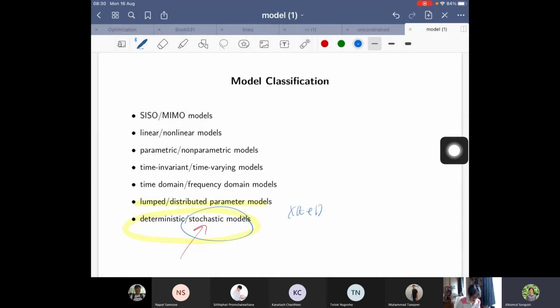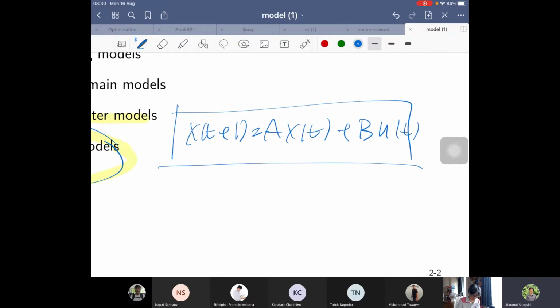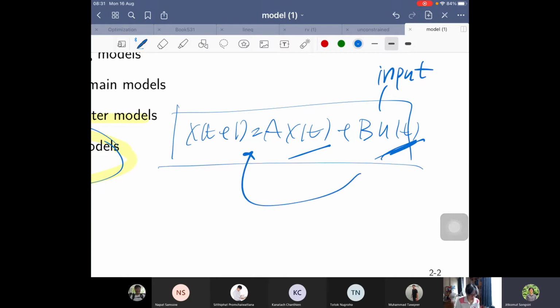Again, if we look at this linear state space model, typically X is called the state variable and U is called the input. But what is that input? In a control system, this is a control signal to govern the state variable to behave as we decide.